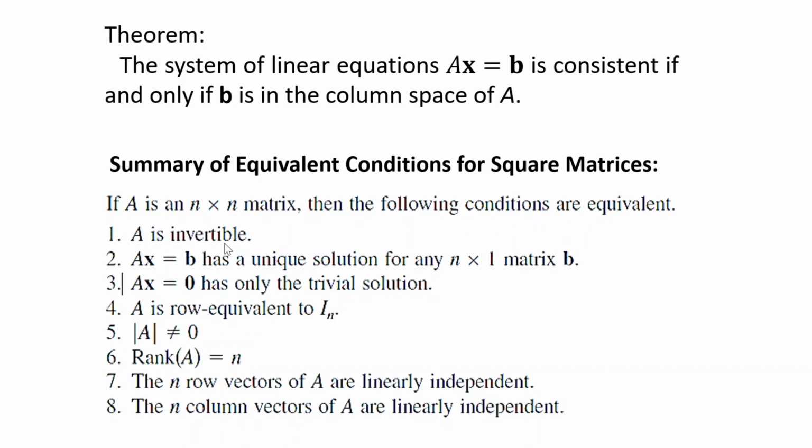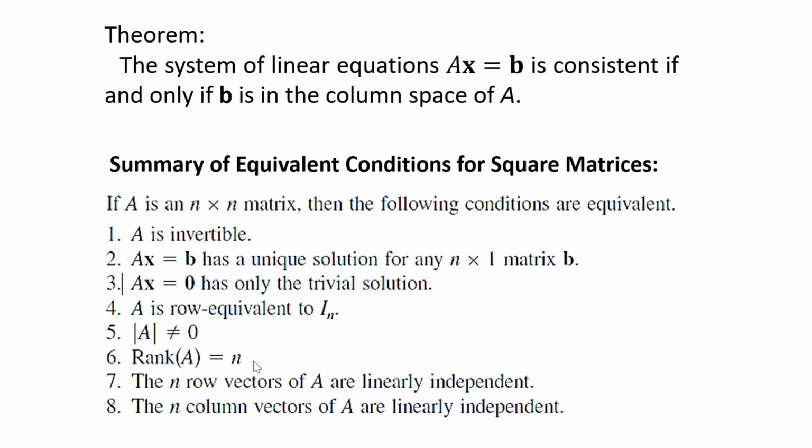A is invertible. Ax equals b has a unique solution for any n by 1 matrix b. Ax equals 0 has only the trivial solution, the 0 vector. A is row equivalent to the identity matrix of order n, and the determinant of A is non-zero.